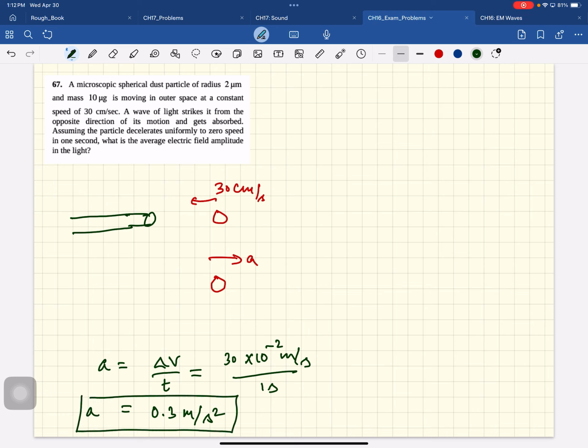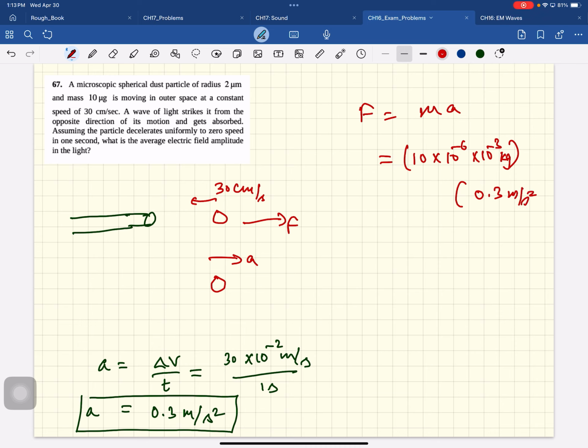So the force that was exerted on the dust particle in stopping it was mass times acceleration: 10 microgram, 10 to the minus 6, and each gram is 10 to the minus 3 kgs, times the acceleration of 0.3 meters per second squared. So 3 into 10 to the minus 9 newtons. That was the force that was exerted.